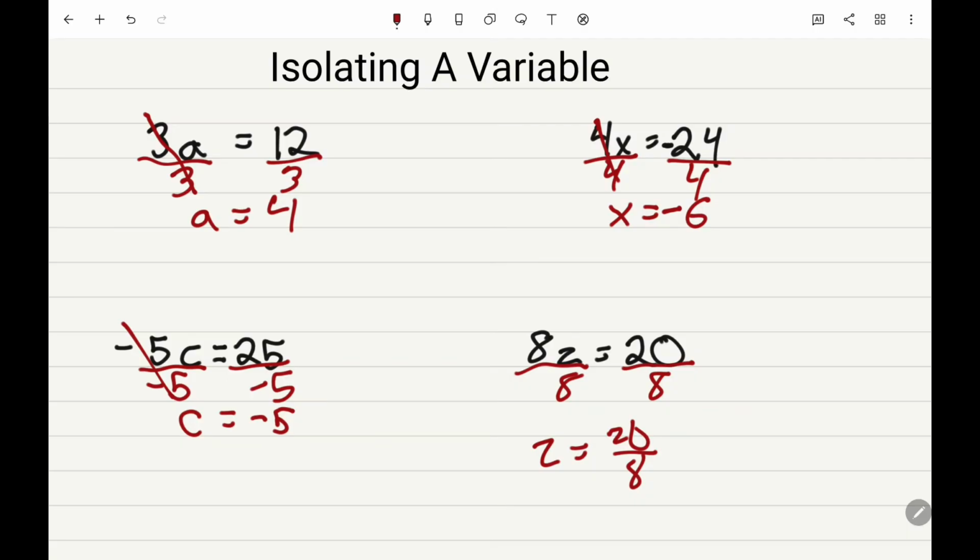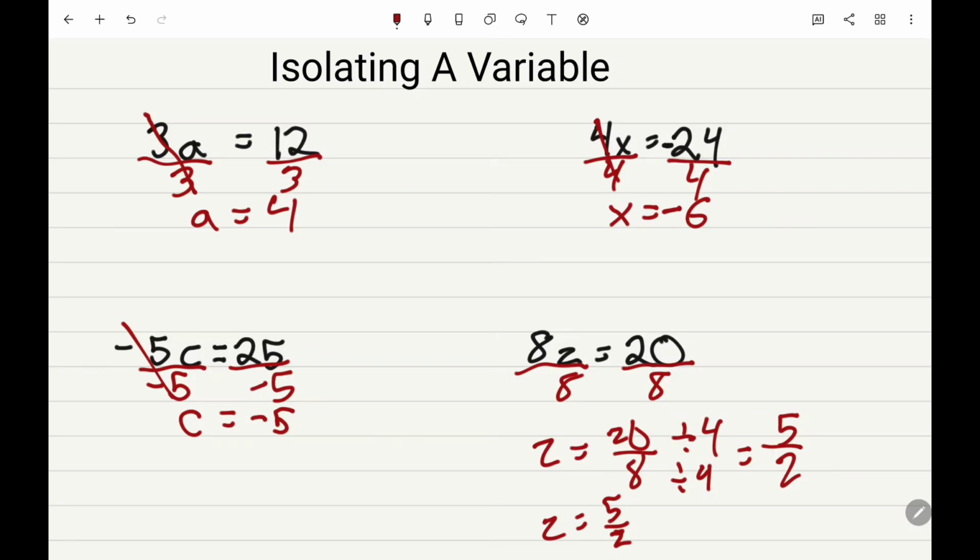The way we're going to simplify this is find a common factor for both of these. So 20 can be divided by 4 as well as 8. So 20 divided by 4 equals 5, and 8 divided by 4 is 2. So z is equal to 5 over 2.